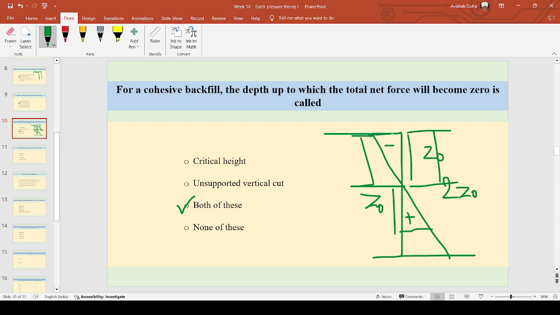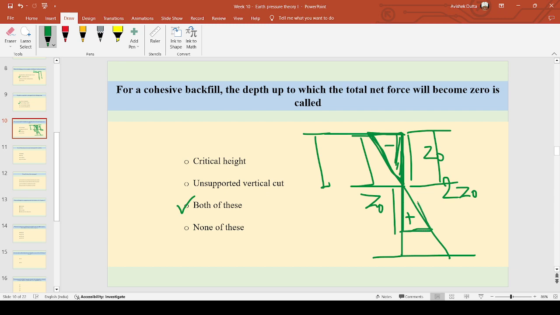See this triangle, we are talking about the pressure. The pressure over here is zero, but the soil is experiencing a force over here, equal to the area of the triangle.